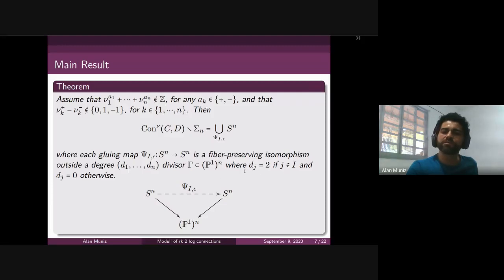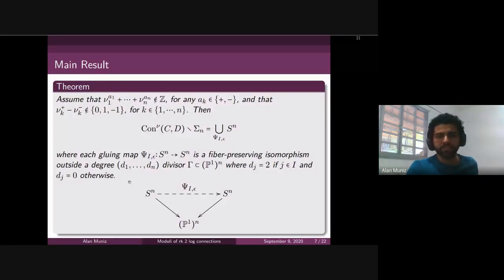In this divisor, we can show that the degree is d_1 to d_n, where d_j is 2 if j is in this set I that I'm using to parameterize, and d_j is 1 otherwise.